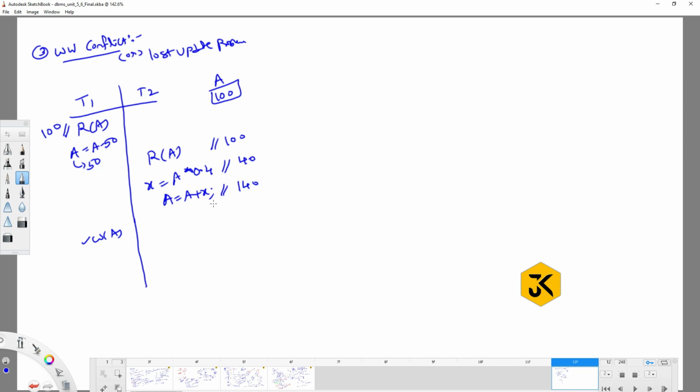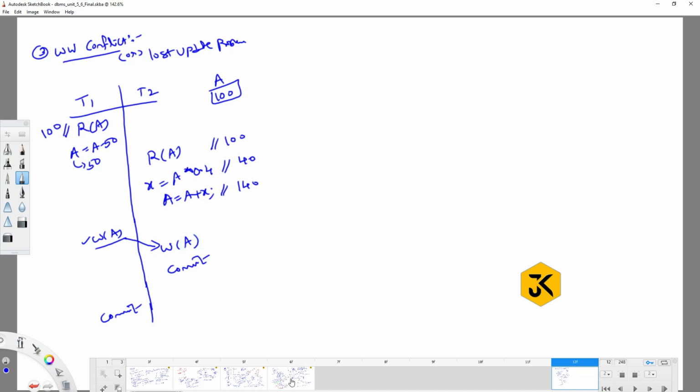It is also not yet updated. Then we perform the write operation. Suppose some commit happened here, and after this, here also some commit happened. Now this situation we can call write-write conflict, meaning one write followed by another write.